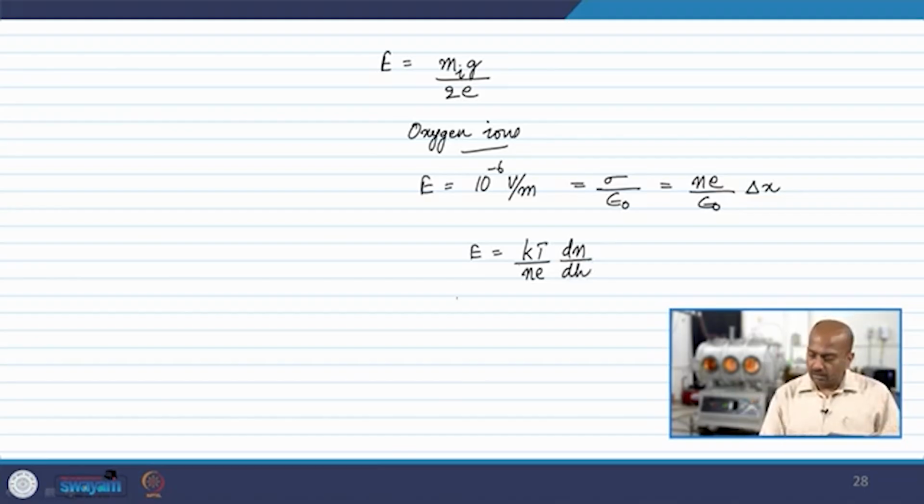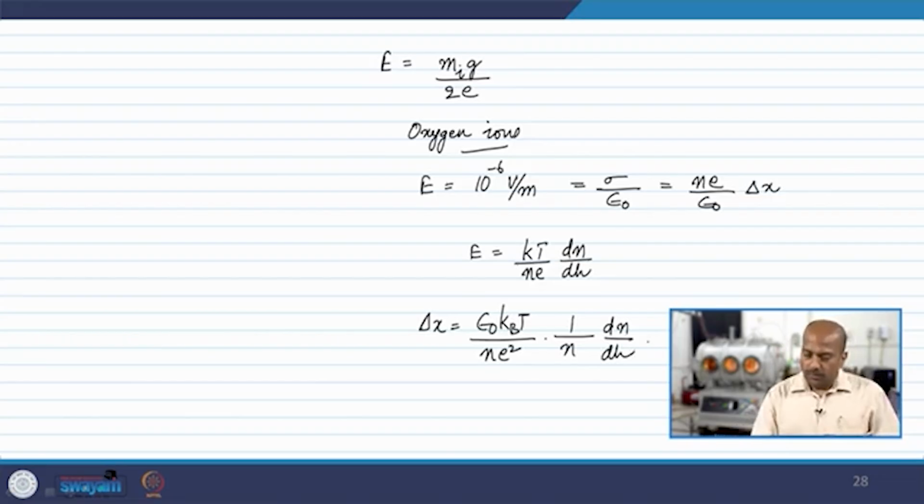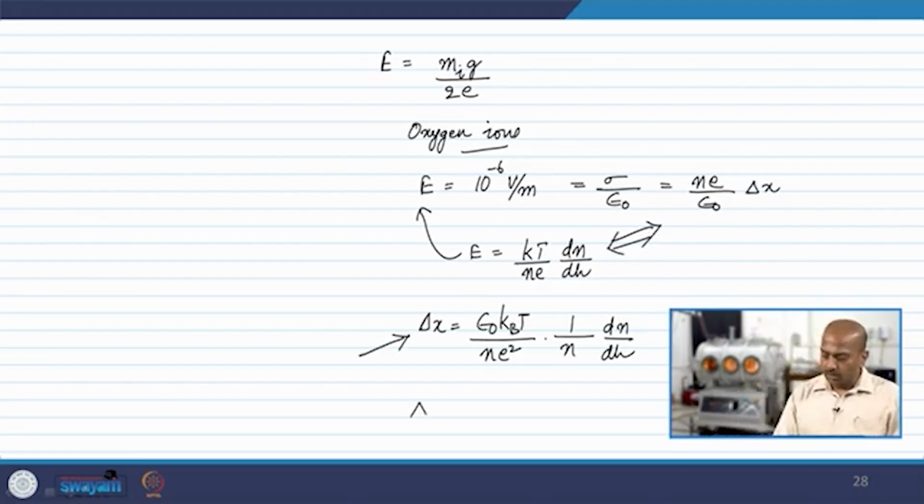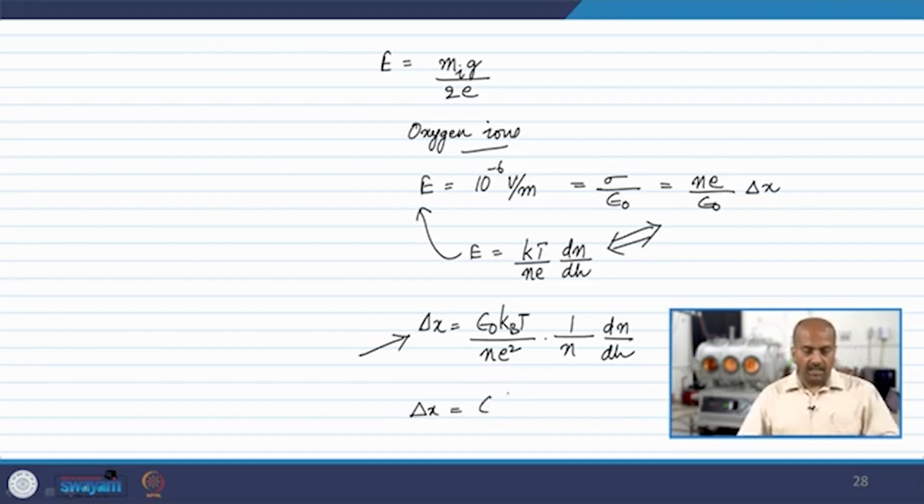Now, delta x can be written as epsilon naught kBT divided by Ne squared times 1 by N dN by dH. Equating these two, I have written a relation for delta x. So, in terms of things that we know, delta x is epsilon naught kT by Ne squared.